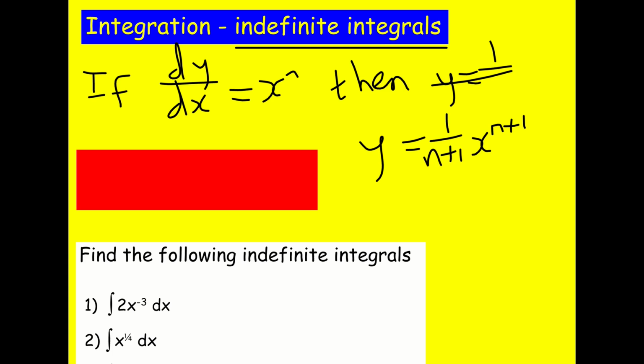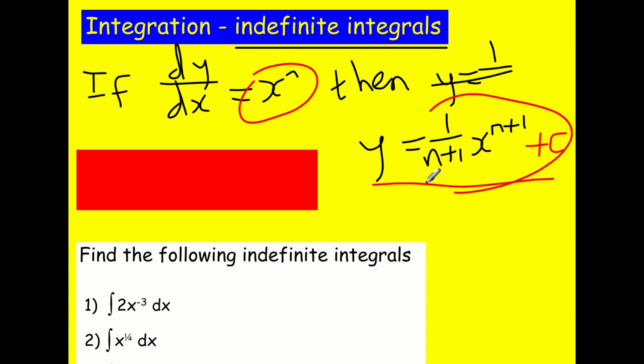I didn't go into it in the starter, but it turns out since we differentiate a constant to give 0, if I was to add a constant onto my function here, and the constant could be 5, it could be 7, it could be anything, when I differentiate that constant, it's also going to give me x to the n.